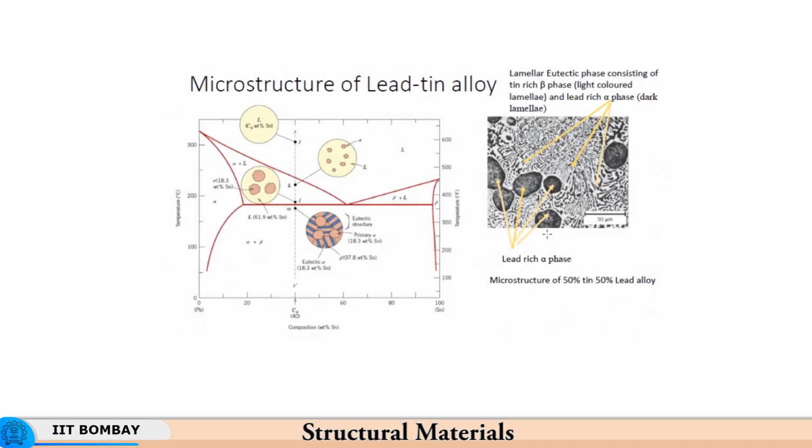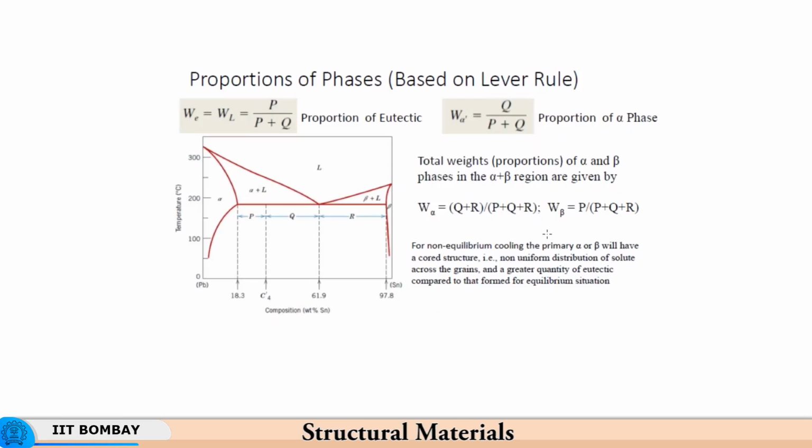And then we went on to study the phase diagrams and try to predict the microstructures, the kind of phases that will be present at different temperatures and chemical compositions. And we tried to calculate the different proportions of phases based on the lever rule.